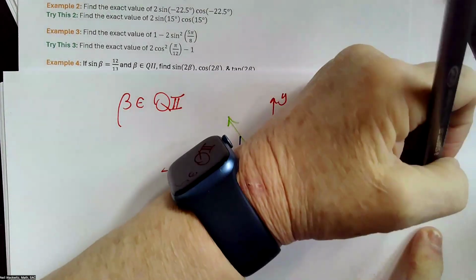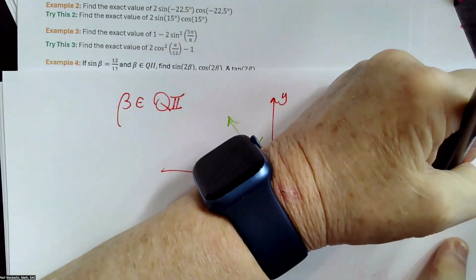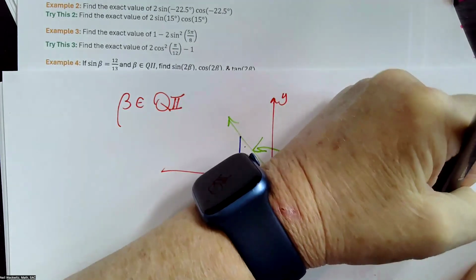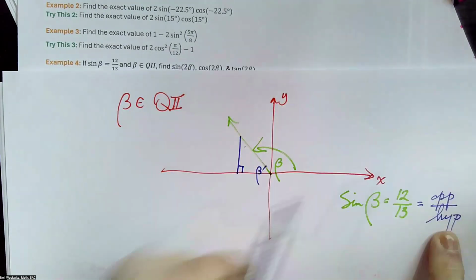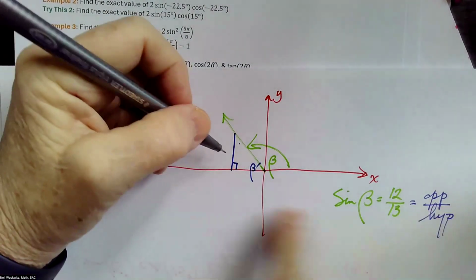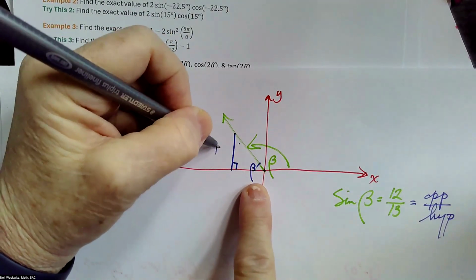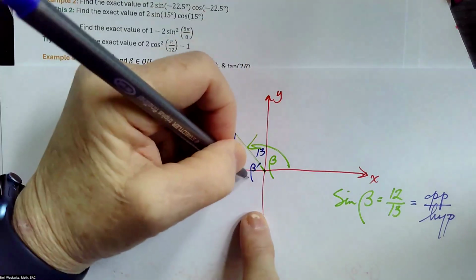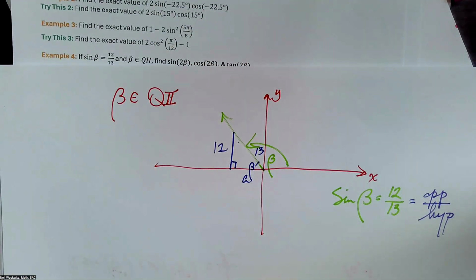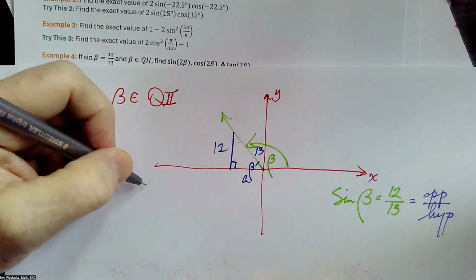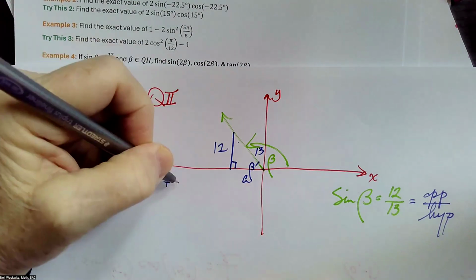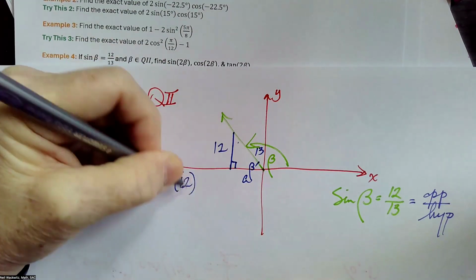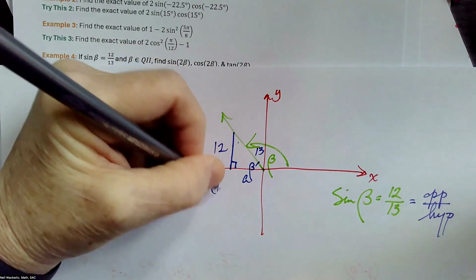Yes, great. So we know that sine is opposite over hypotenuse. So opposite will be 12. Hypotenuse will be 13. And we just need to find A. So A squared plus 12 squared is 13 squared.